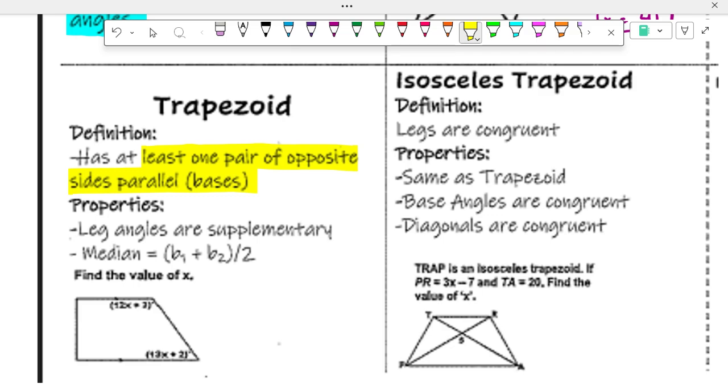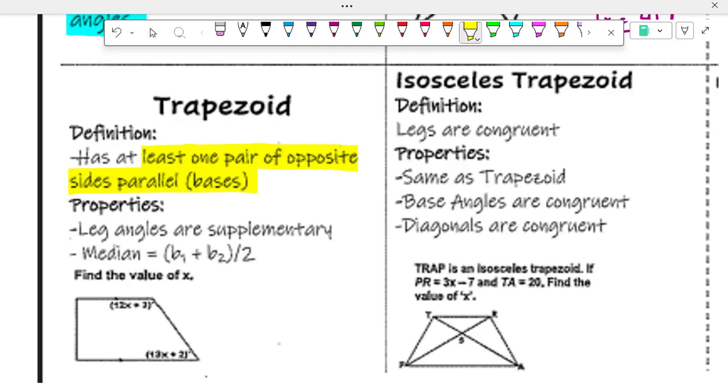So a trapezoid in the hierarchy is actually the parent of the parallelogram, because a trapezoid has to have at least one pair of opposite sides. A parallelogram has two, and that's at least one pair, technically. So the trapezoid fathered the parallelogram.